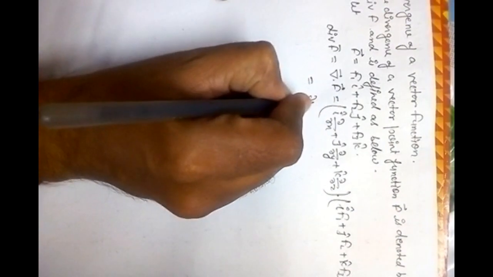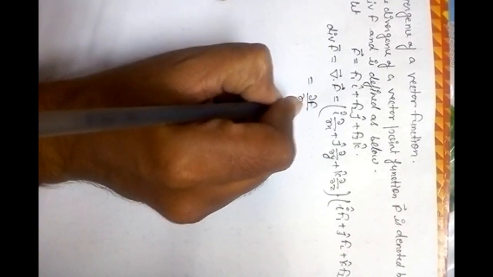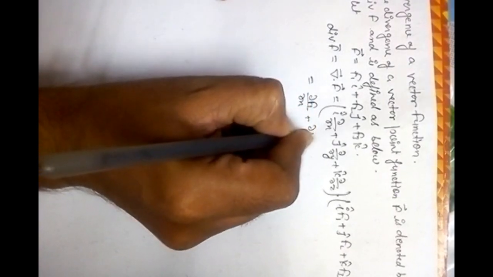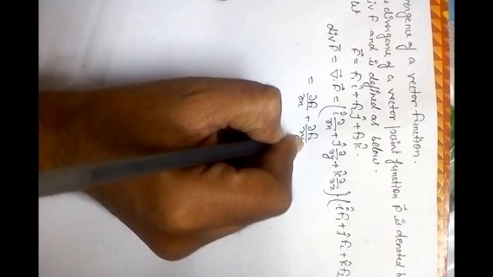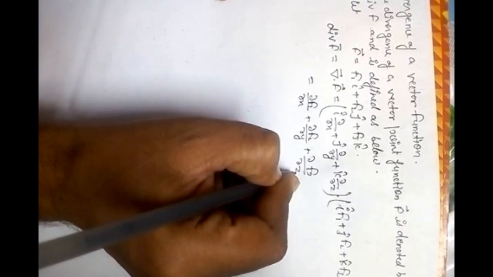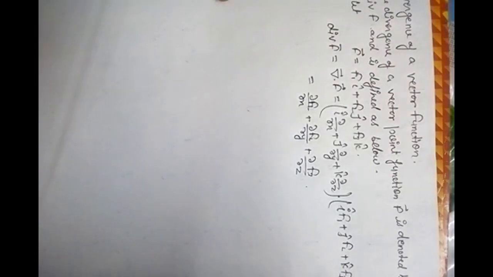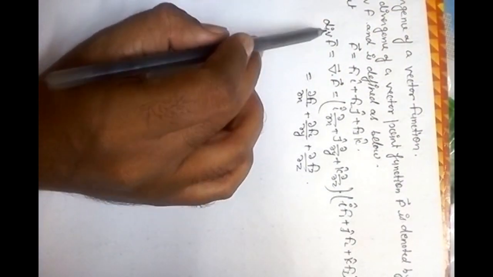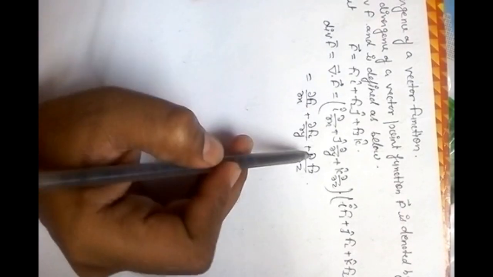Then del F1 upon del x, del F2 upon del y, del F3 upon del z. So divergence of F is a scalar function.